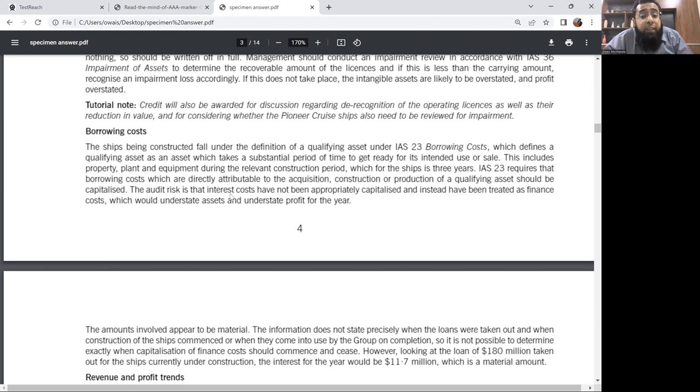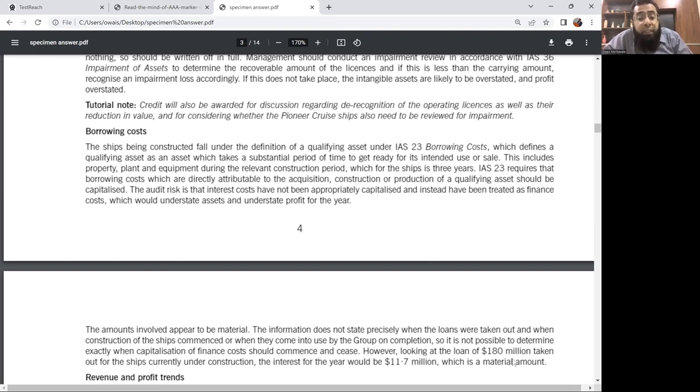The audit risk is that interest costs have not been appropriately capitalized and instead have been treated as a finance cost, which would understate assets and profits. The amount involved appears to be material. The information does not state precisely when the loans were taken out and when the construction of the ships commenced, so it is not possible to determine exactly the cost of finance that should be capitalized.